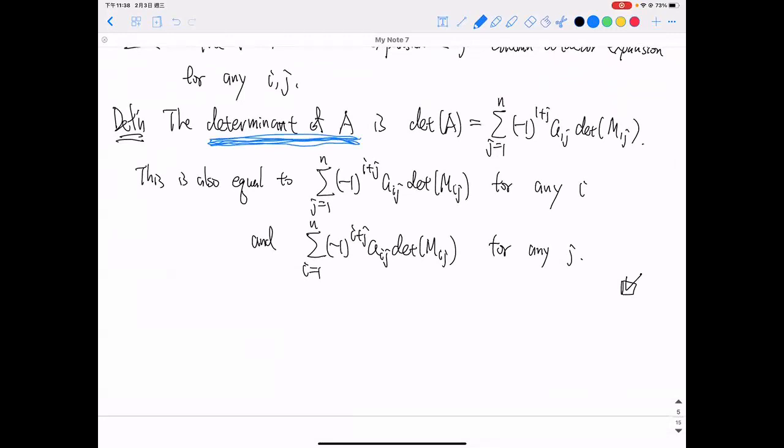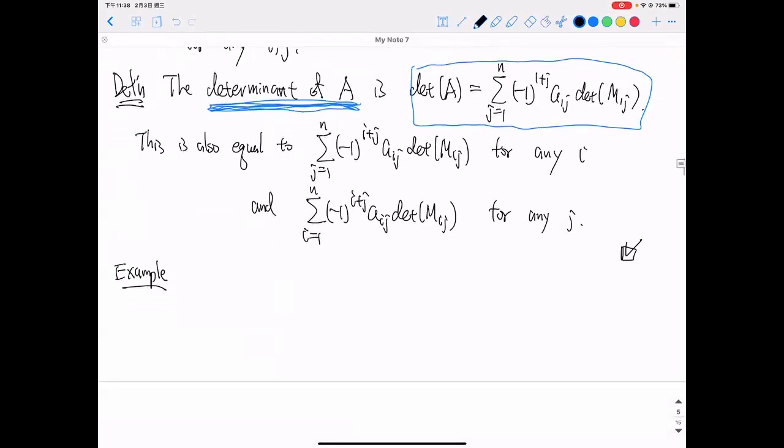It's defined in terms of some expansion along a column or a row of the matrix A. So let's look at some examples. Let's consider this A. Let's take a 4x4 example.